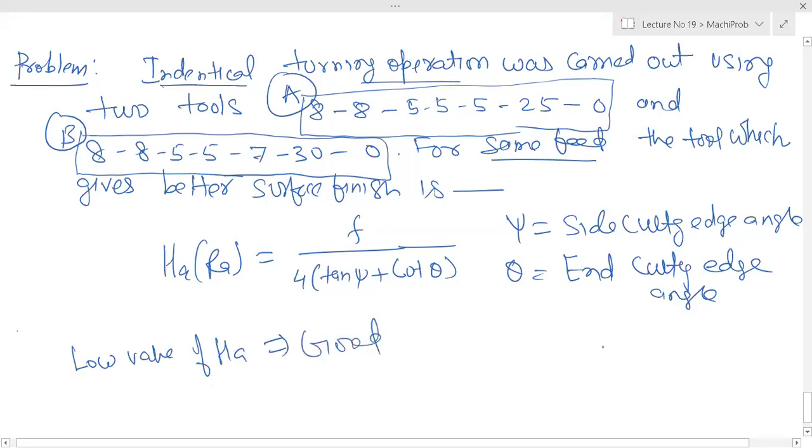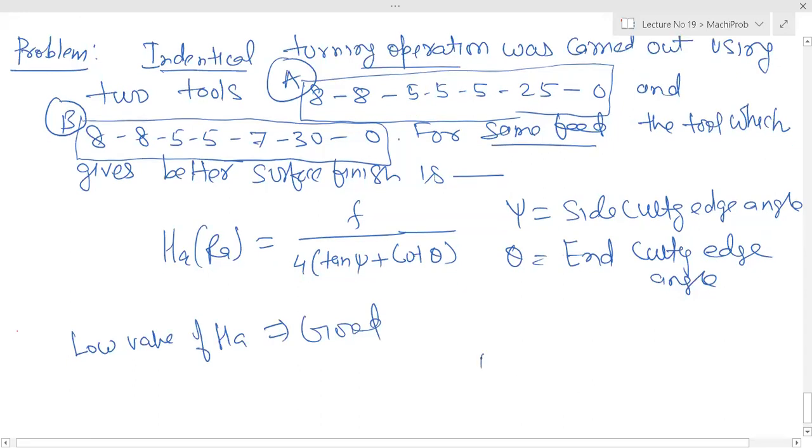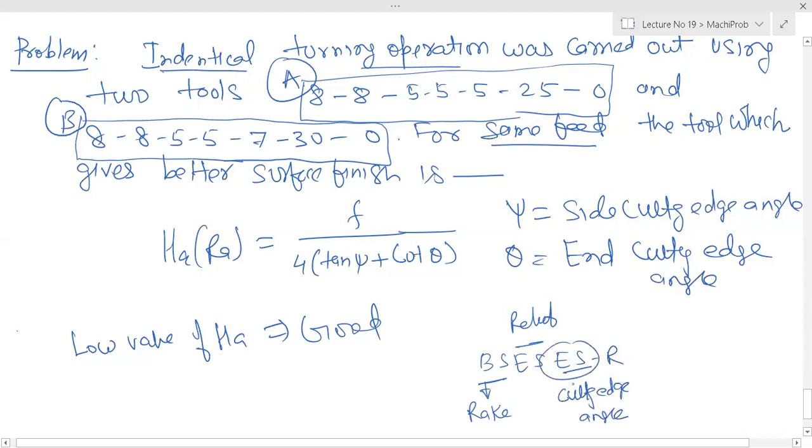Which one will you have to check in both cases? I remember this as BS, ES, ES, ES, R. This two is rake, this two is relief, and this two is your cutting edge angle.